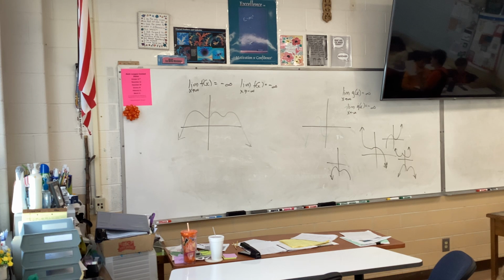But the left side's going to go in the opposite direction of the right if the degree is odd. So one more time: the right side is going to go up if the coefficient's positive, down if the coefficient's negative. The left side is going to match the right if you're even, and it's going to be opposite of the right if you are odd.